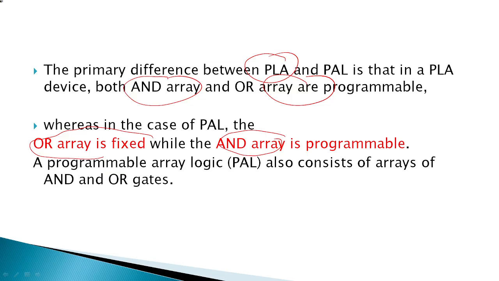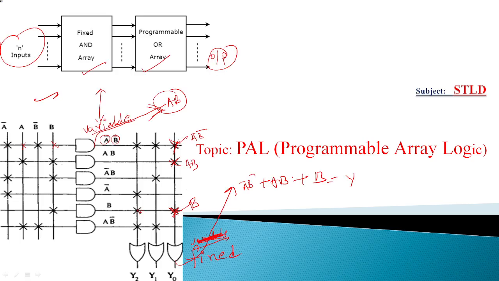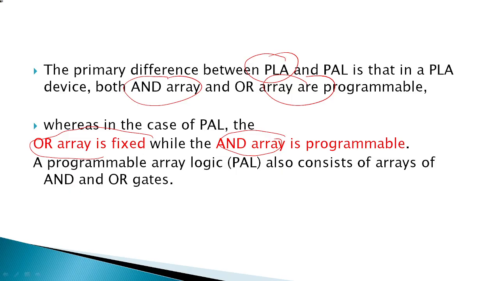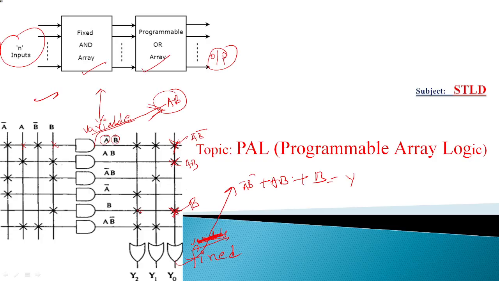But here it is not like that. Only the OR array is fixed and the AND array is variable. So that is about the applications of PAL, Programmable Array Logic. Thank you.